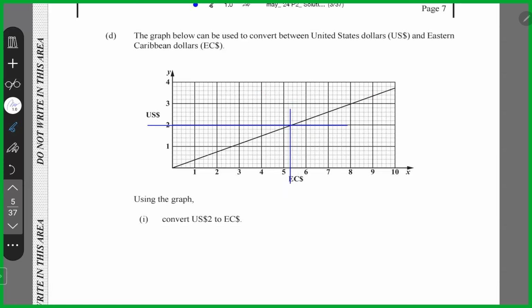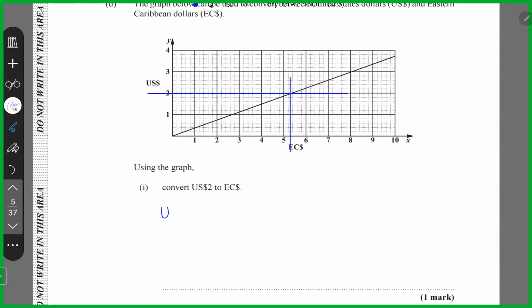And at the bottom, each small division is 0.2. So this looks like 5.3. So US $2, according to the graph, would be equal to EC $5.30. That's what it looks like to me.